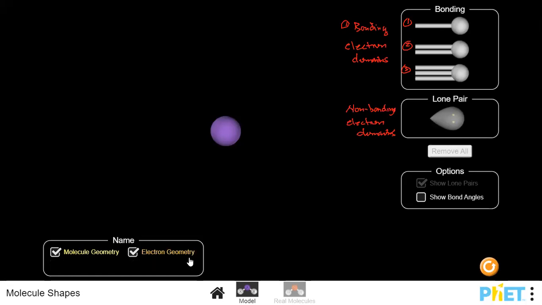Okay, and so when we talk about this, let's take a look at what happens when we include a single bond right there. So our center atom here is our purple atom. As soon as you attach a single bond to that center atom, look at the molecular and linear electron geometry. Let me clarify this for you.